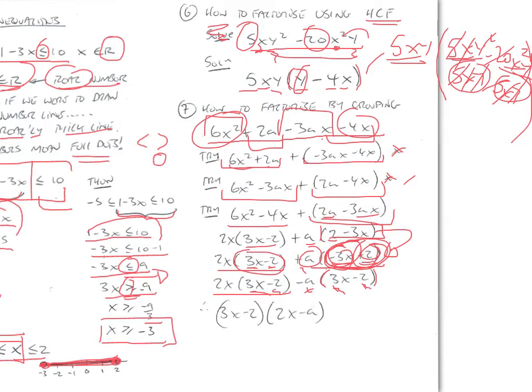By multiplying each of these terms by minus 1, I've generated a factor similar to the other factor. So my standout factor is 3x minus 2, and my other factor is 2x minus a.